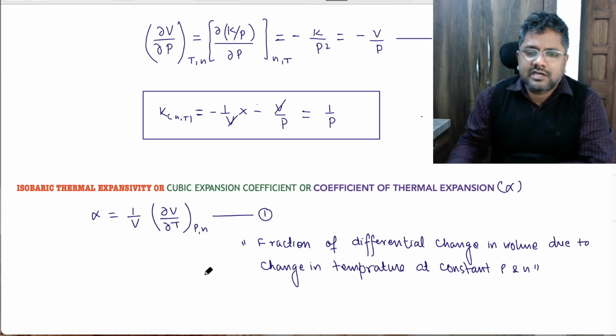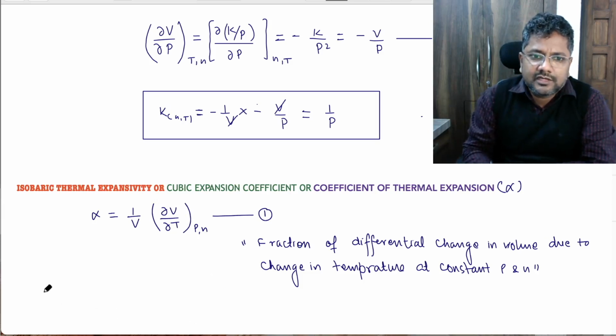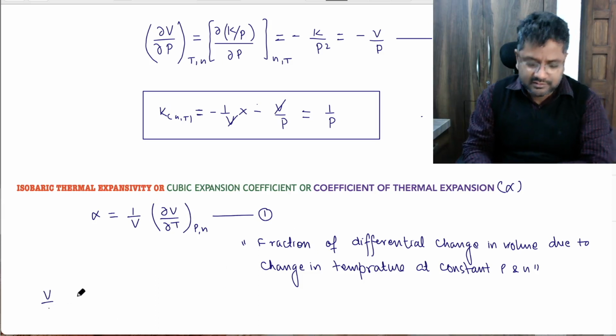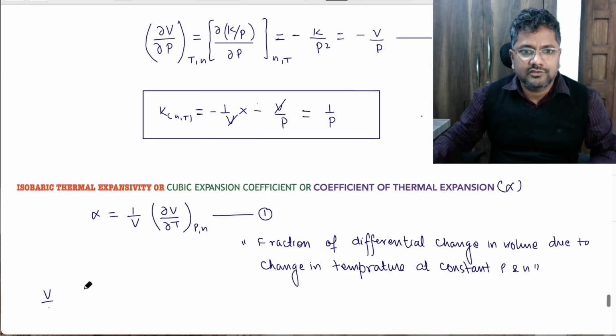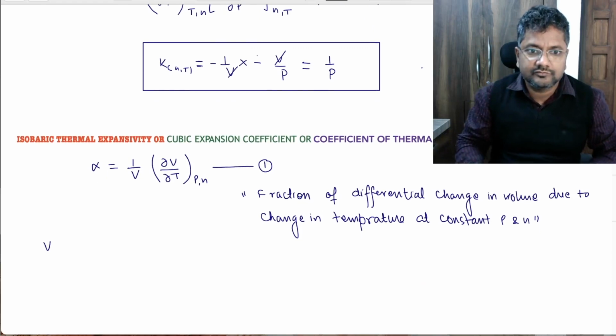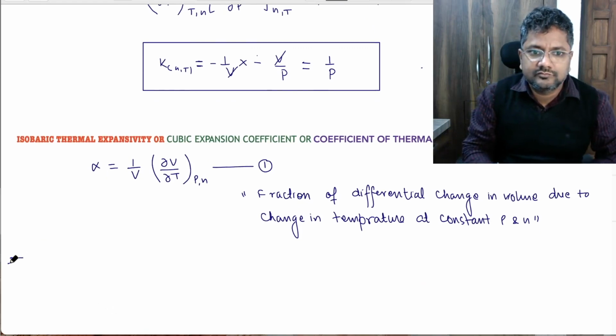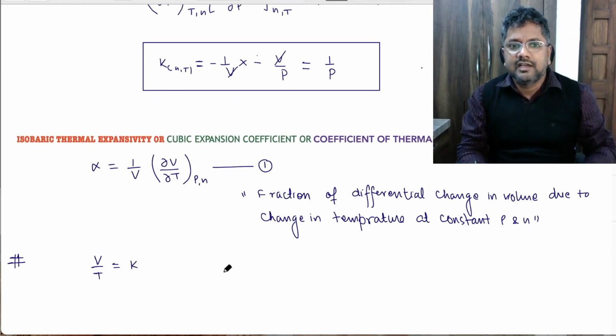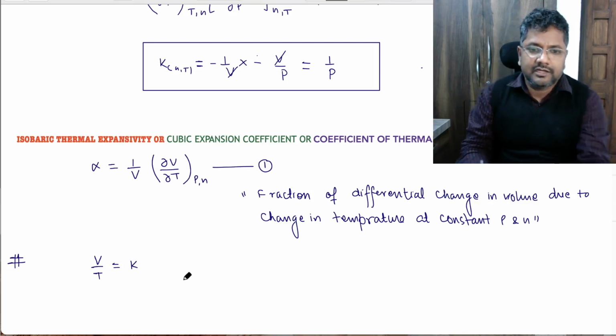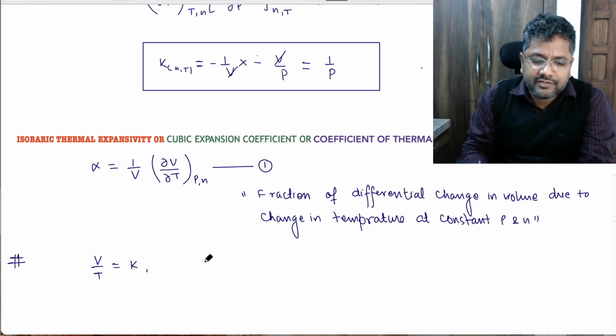You can use Charles law, that V by T is equal to constant. V by T is equal to K, constant when P and N are constant. So you can differentiate this del V by del T if you want.